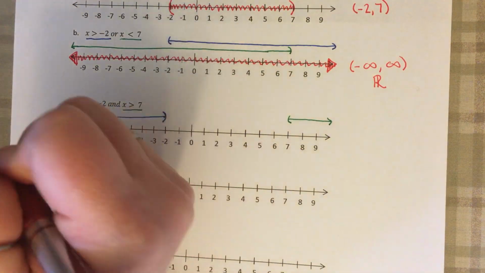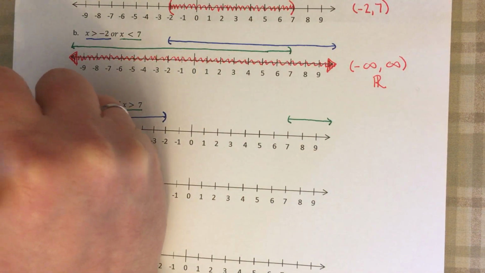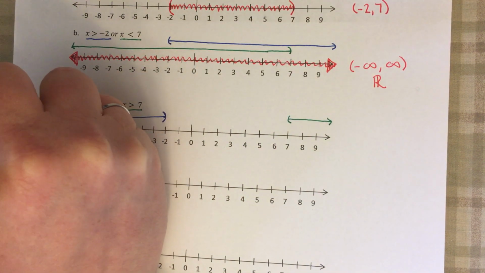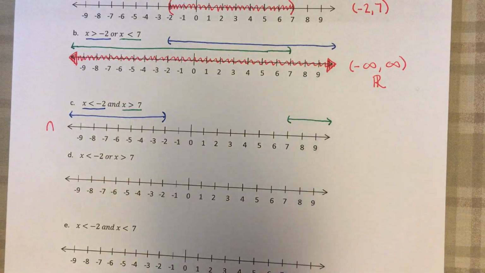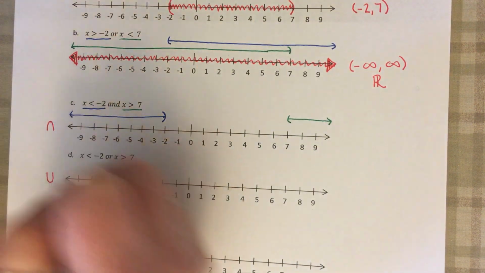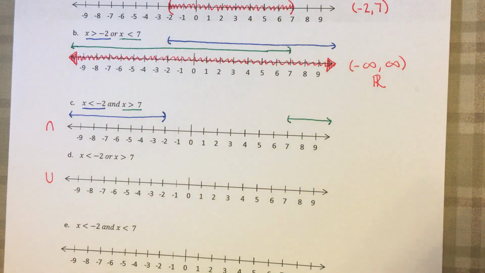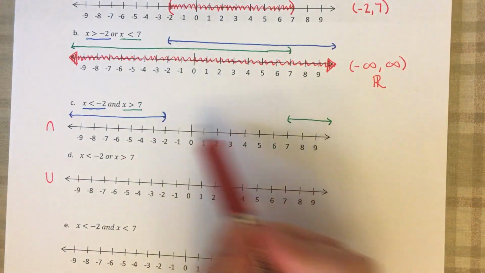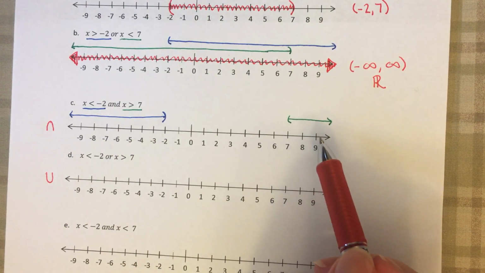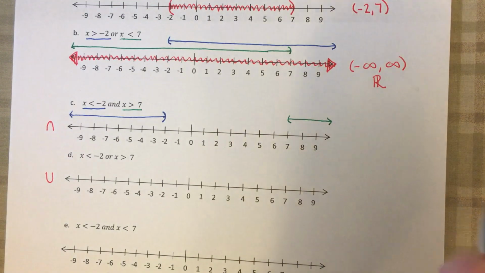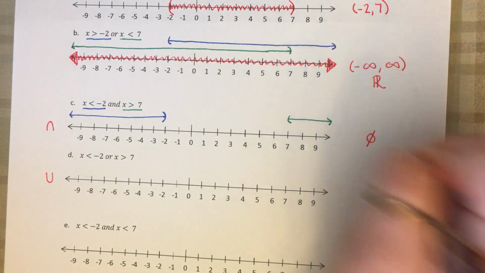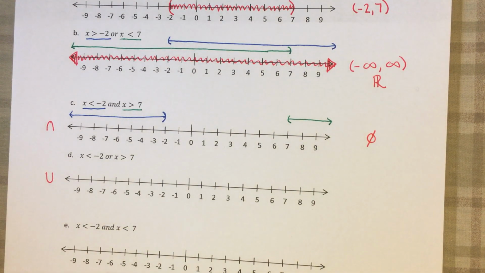Again, here with the word and, we're thinking intersection where they overlap. The next one we're going to be thinking union. So in this one, notice that these two lines, this green and this blue arrow, they don't overlap at all. Since they don't overlap at all, our answer for this one is going to be the empty set.